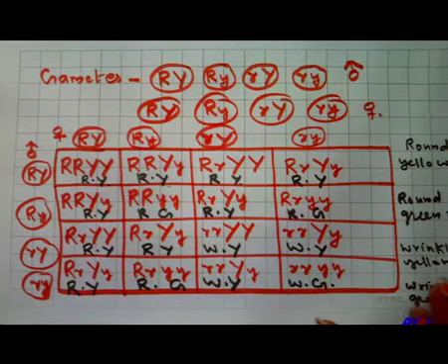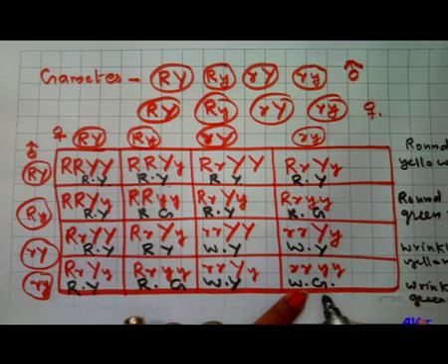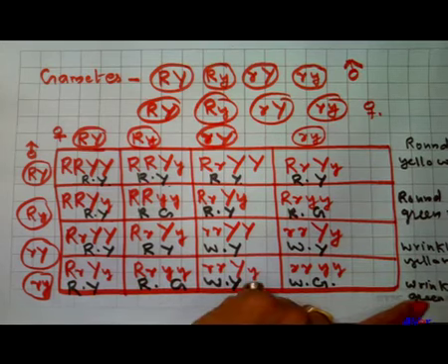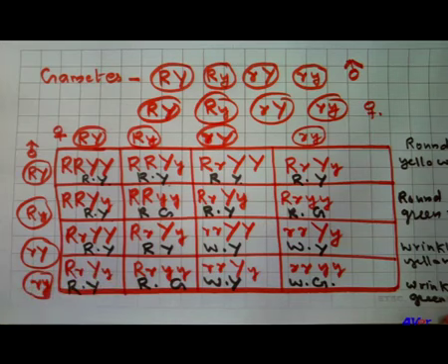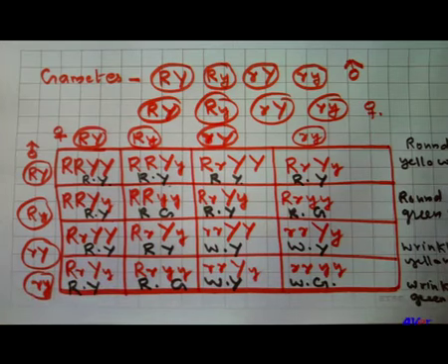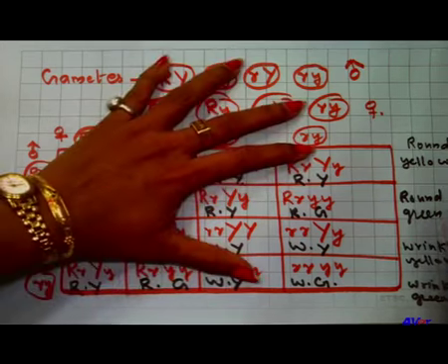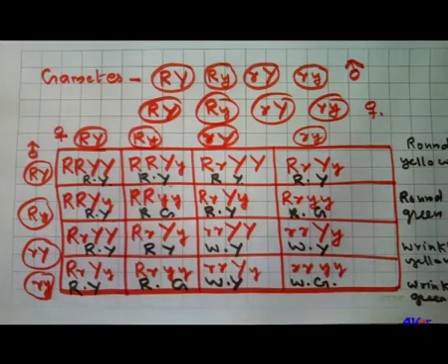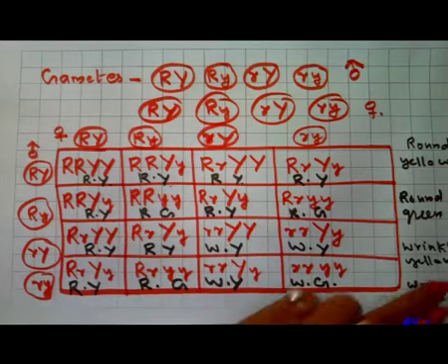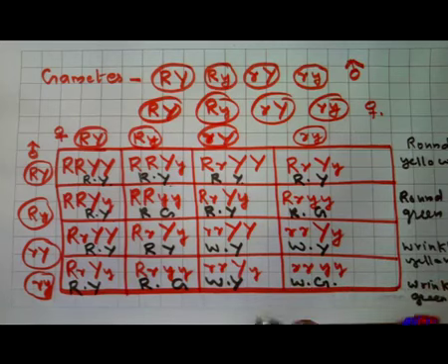Wrinkled yellow is also 3. Now coming to wrinkled green, only 1 is available here. So, from this F2 generation, you can see round yellow progeny is 9 out of 16. Round green progeny is 3 out of 16. Wrinkled yellow again 3 out of 16 and wrinkled green 1 out of 16.